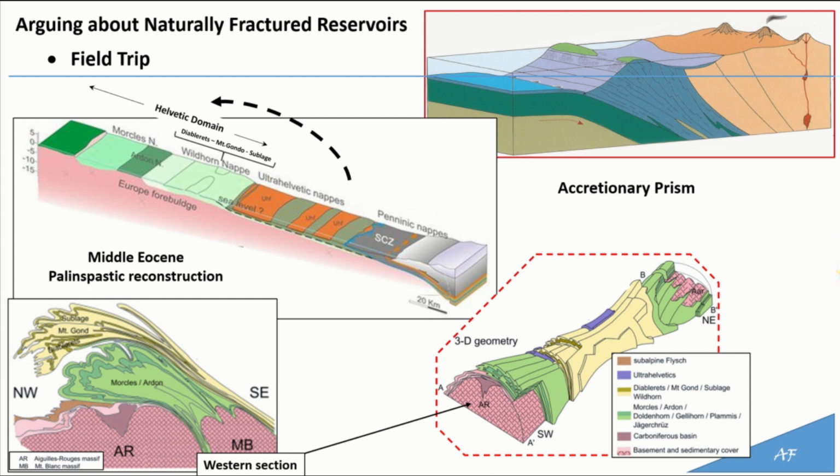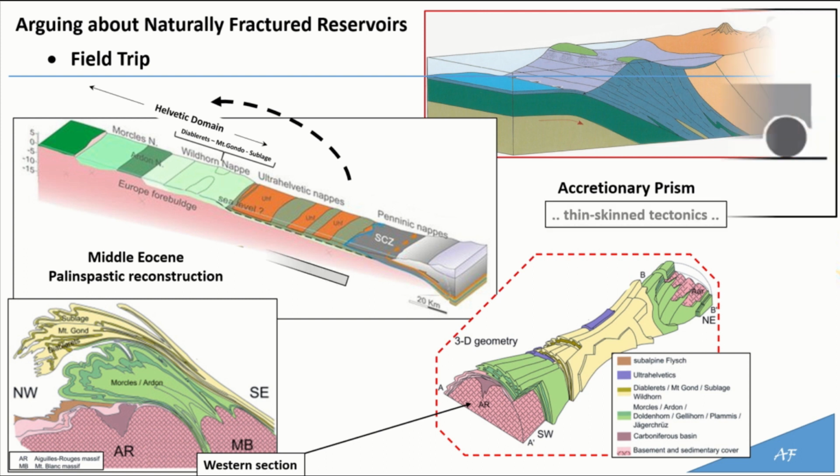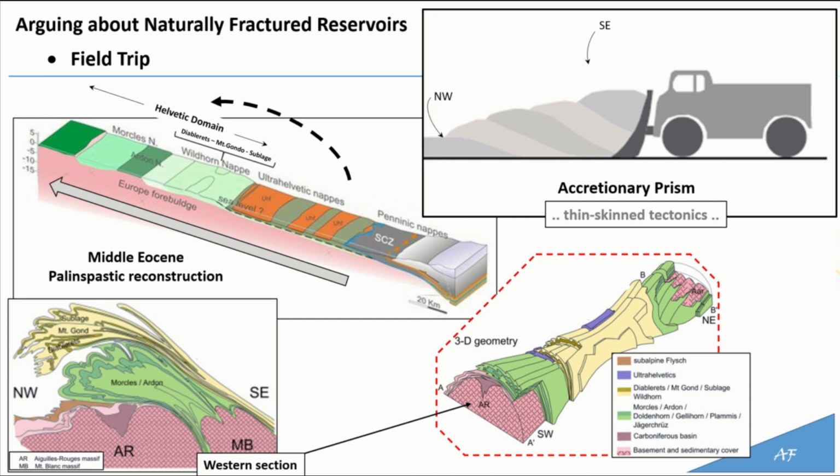After this event, two further stages of convergence were recorded. A first thin-skinned tectonic stage produced faults with a wavelength on the order of 100 meters, associated with the thrust at the base of the nappes, with displacement on the order of tens of kilometers.